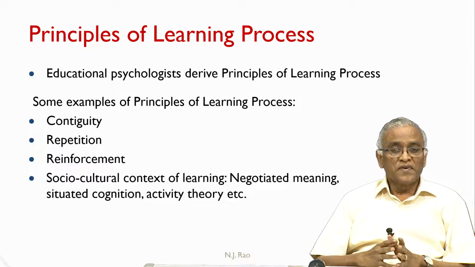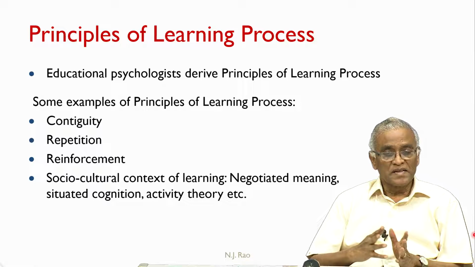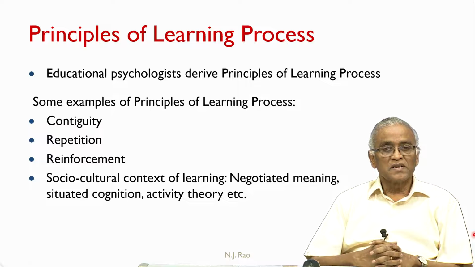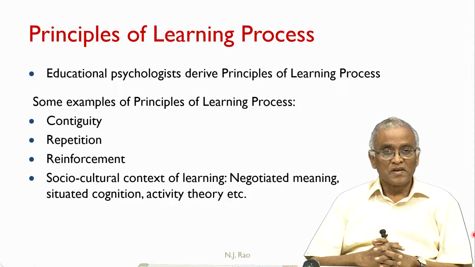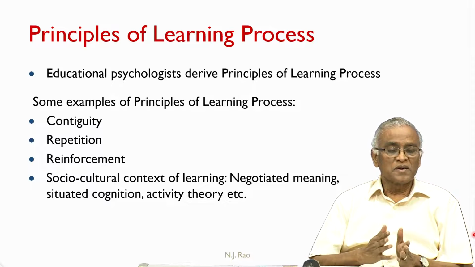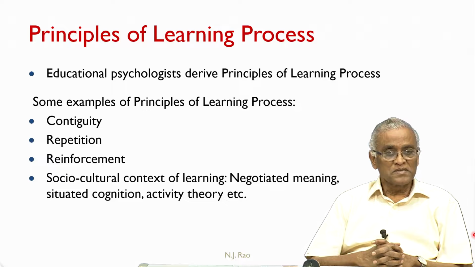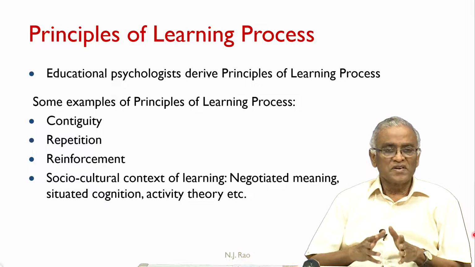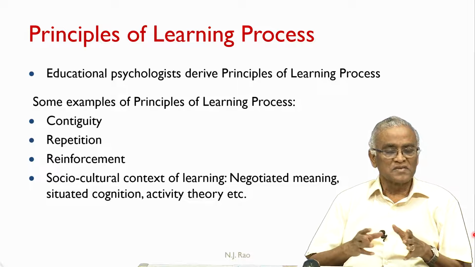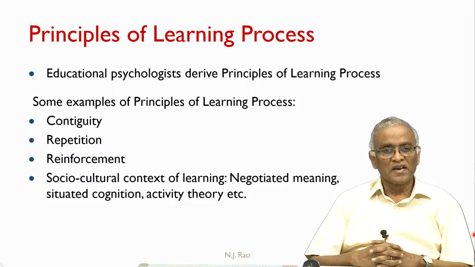Now, we have identified a few learning processes, learning theories. From this, educational psychologists derive principles of the learning process. So, what are some examples? Contiguity. This is very self-evident and obvious. It doesn't have to be really called a principle.